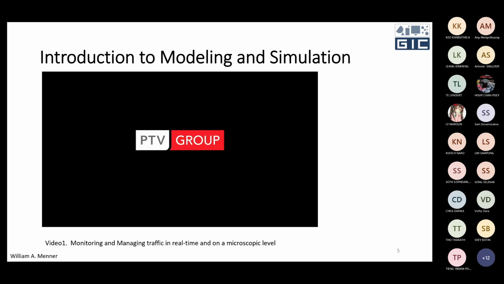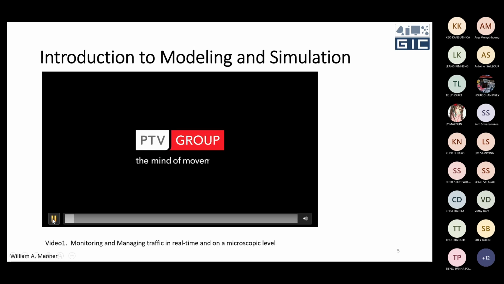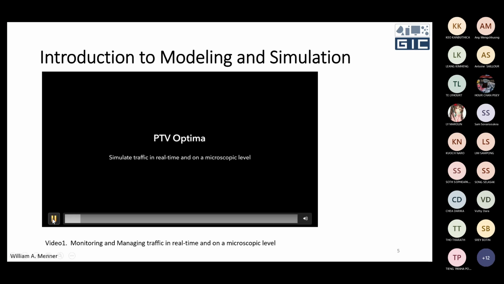Basically you use Google Maps, and Google Maps suggests the best route, the one with the least traffic jam. This is one thing that I try to show you: a kind of modeling and simulating the system. Okay, let's see the video.